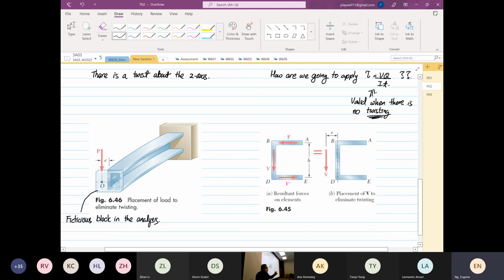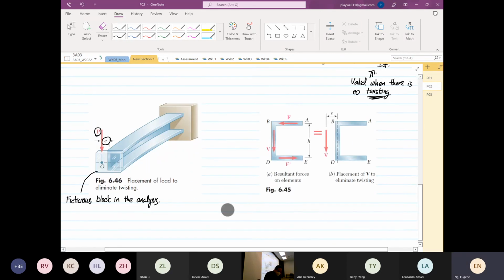So we're going to shift the load P by a distance E from the centroid.